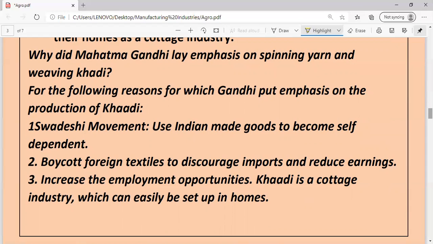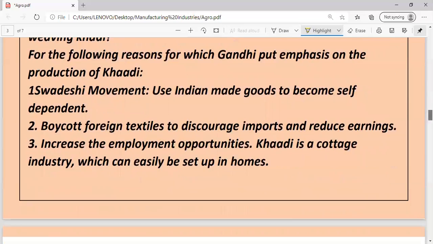That is, if you will not use foreign textiles, then demand for foreign textiles will come down, and it will reduce the earnings of foreign countries, especially Britain. Then it will increase employment opportunities as it is a cottage industry, and it can be easily set up at home, and women can work easily from their homes. Because of these reasons, Mahatma Gandhiji laid emphasis on spinning yarn and weaving khadi.